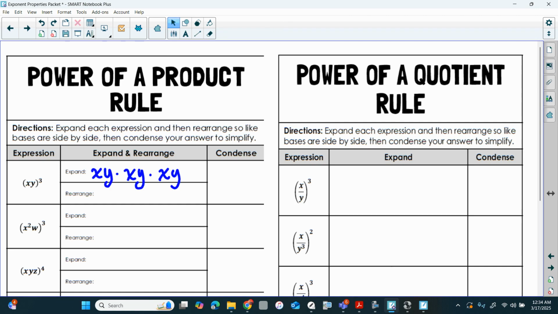So I'm showing that 3 times. Now if I rearrange it, put all my x's together and all my y's together, I can see that the x's have an exponent of 3 and the y also has an exponent of 3, because there are 3 factors of each.